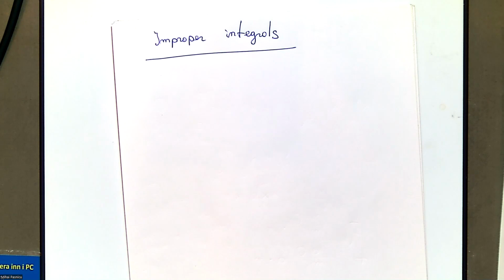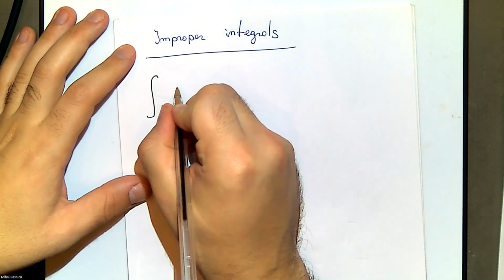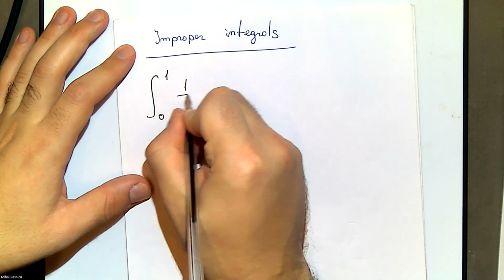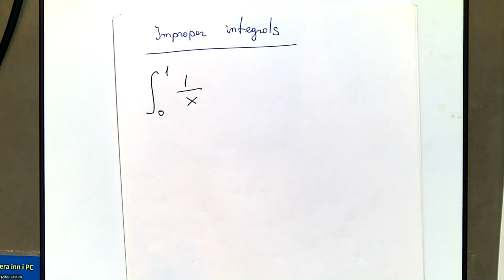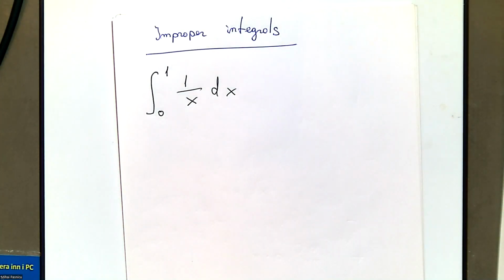These are only for cases that are undefined. Let me give you an example. Let's do the integral from 0 to 1 of 1 over x dx.